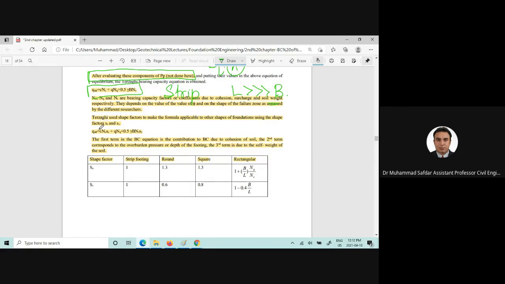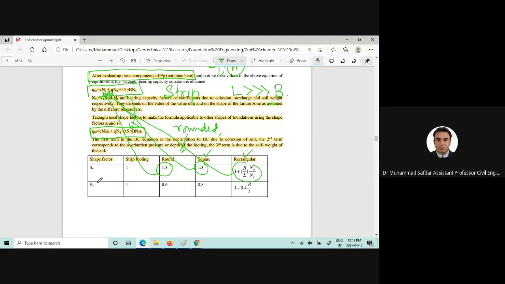Now if we want to use this equation for different shapes of foundation, for example round, square, or rectangular foundations, then we will simply use shape factors in here. For the square we can use its shape factors, and for the rectangular we will find out the shape factor and use it here.